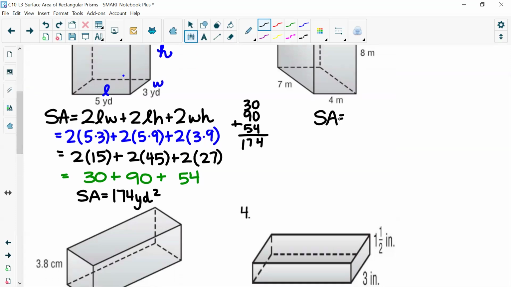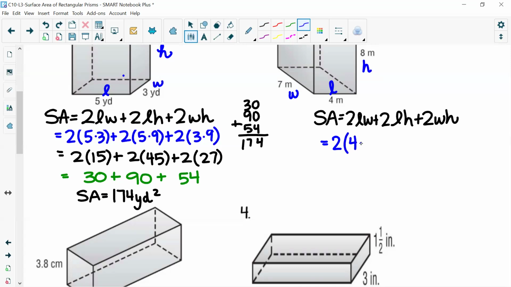Surface area equals 2 times the length and width plus 2 times the length and height plus 2 times the width and height. So we have 2 times the length and the width plus 2 times the length and the height plus 2 times the width and the height.